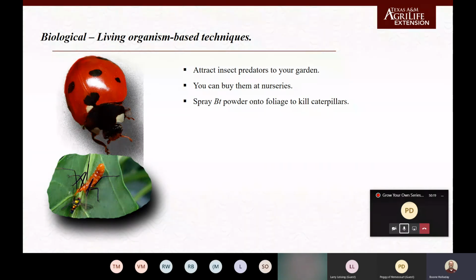The third one here is the biological control of using living organisms to help do the work for us. And so for insects, this could be beneficial or predatory insects. For disease control, there are several different beneficial fungi that work against harmful or pathogenic fungi in the garden.